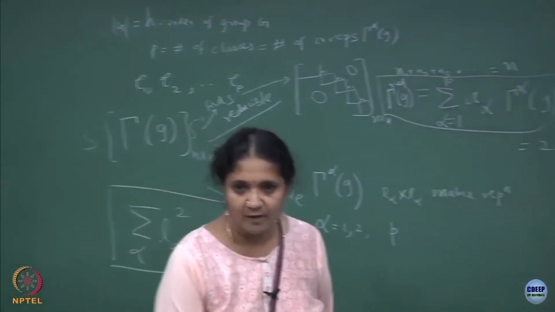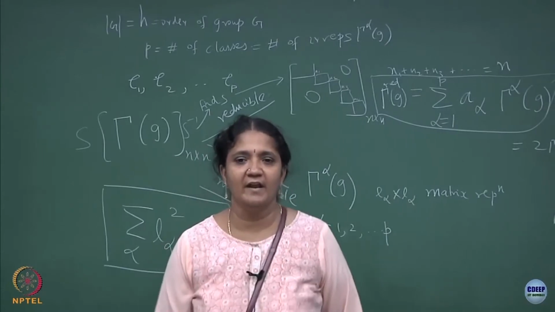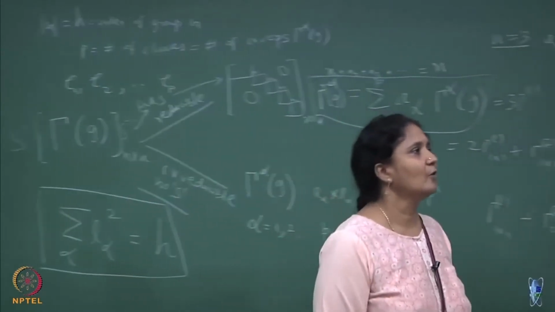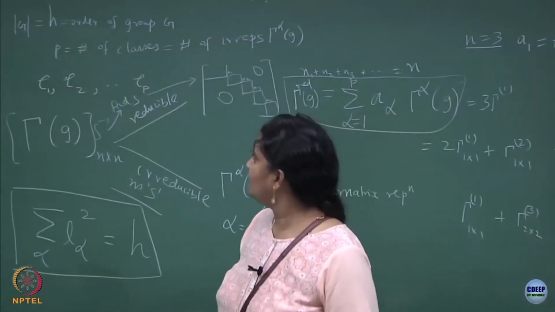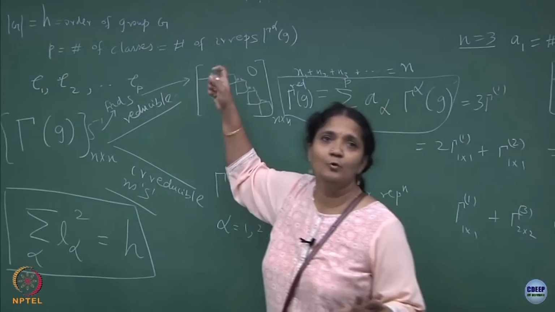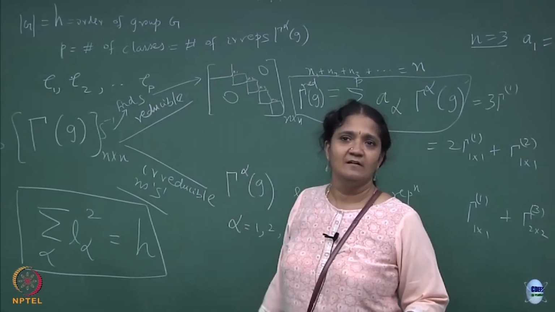Okay. And then I got to the postulate of the great orthogonality theorem. I am not here to, in fact you can use this great orthogonality theorem to prove all these things. I am not proving it, I am saying as a consequence you get these as a product.